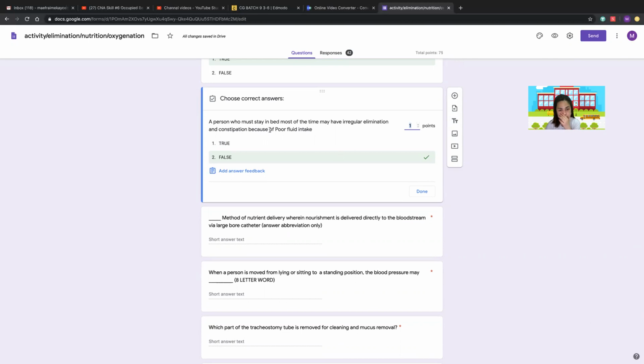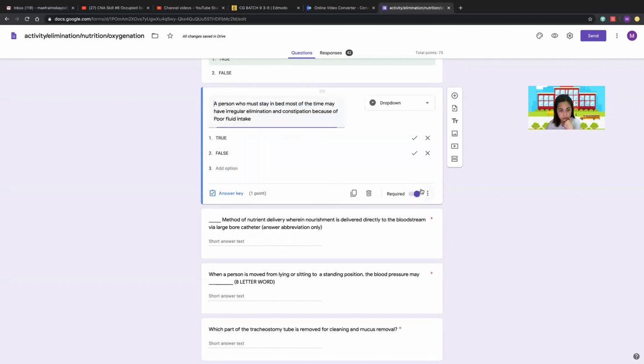The reason is not because he has poor fluid intake, but because he is immobile, or there is poor mobility. It's not because of the fluid intake, because the patient stays most of the time in bed. So the answer is false.